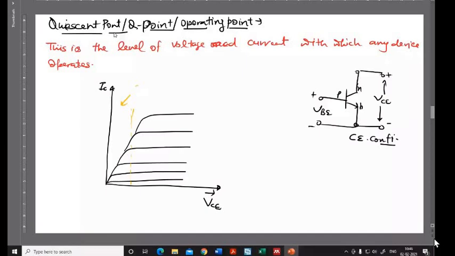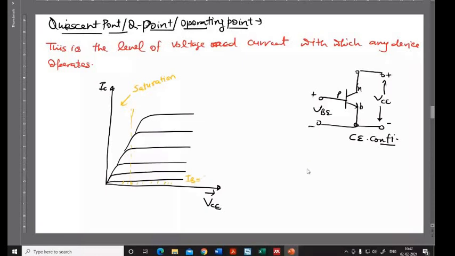Saturation region, and here this shows the level of IC, going down to 0 milliampere. 1, 2, 3, 4, 5.